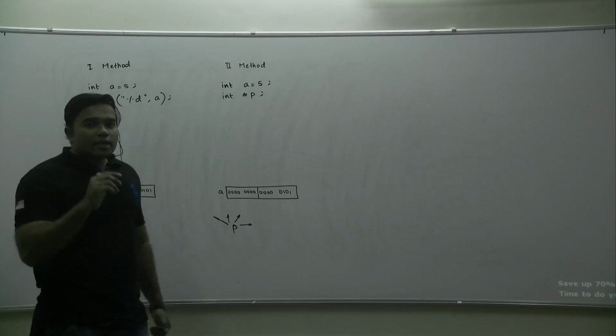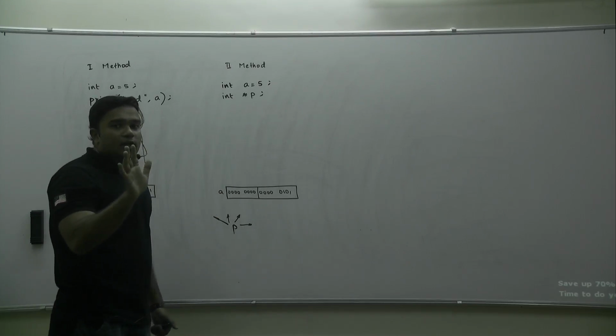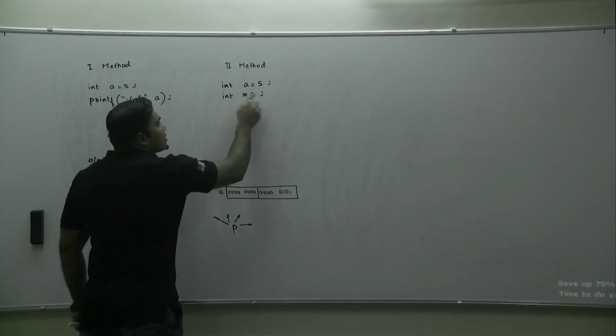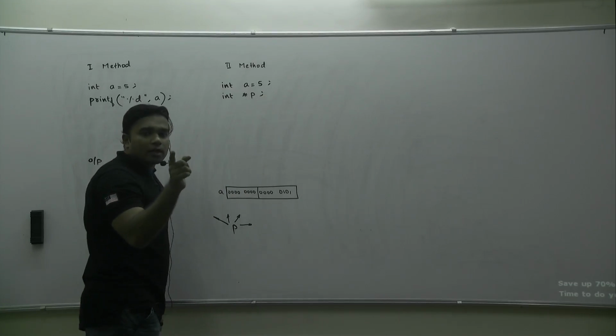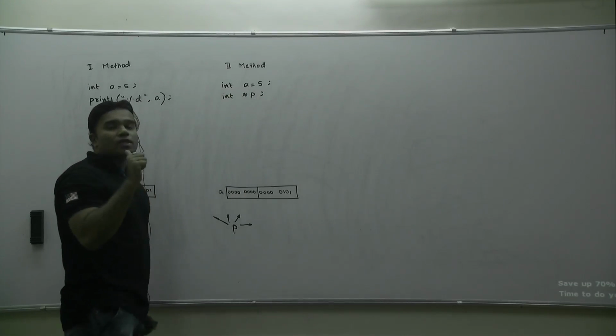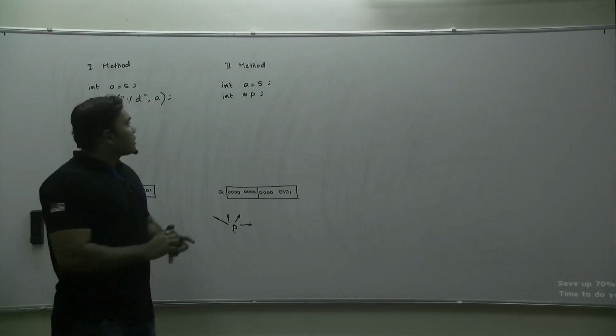Now many students think star P is a pointer. Star P is not a pointer. P is the only pointer. Are you telling star P is a pointer? What are you reading this as? P is a pointer to an integer. So who is the pointer? P, not star P. Then what is star doing here, sir?